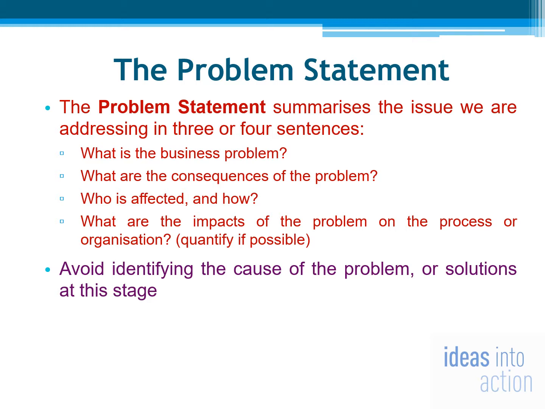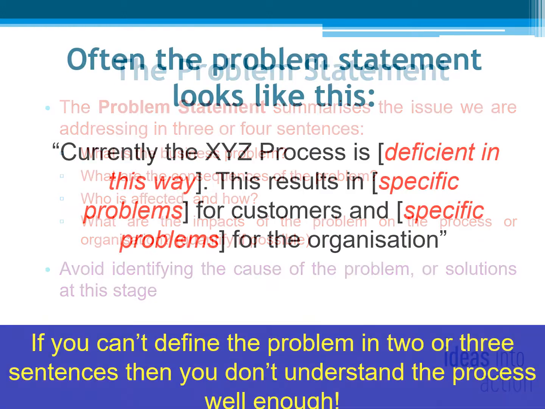What is the business problem? What are the consequences of the problem? Who is affected and how? What are the impacts of the problem on the process or on the organisation? And quantify those if you can. You should avoid identifying the cause of the problem or the solutions at this stage. We're just trying to define the problem in a way that everyone can buy into.